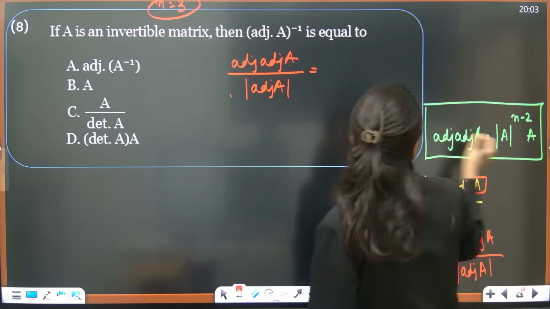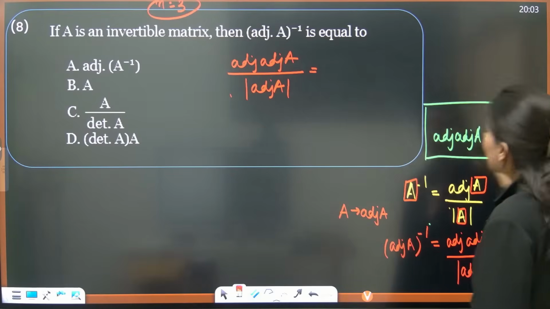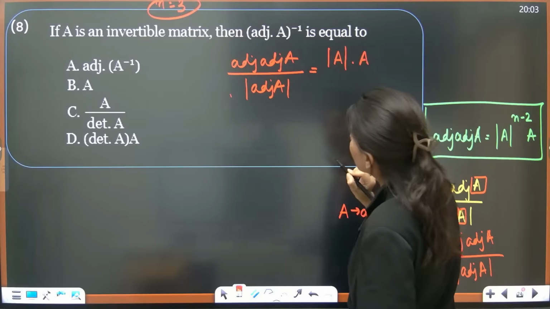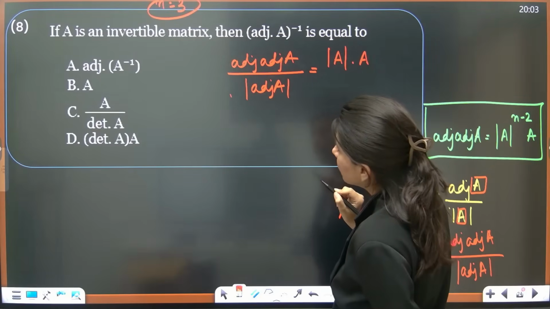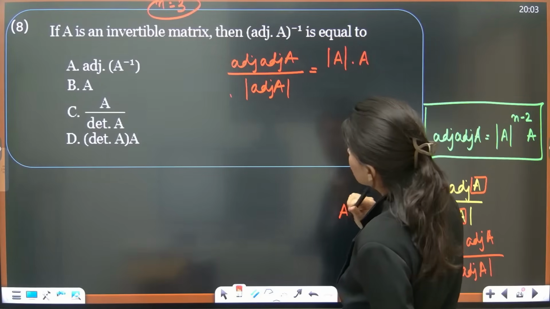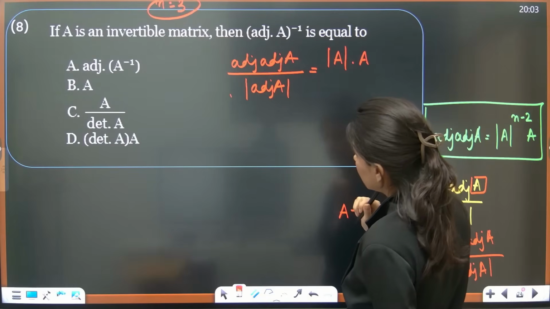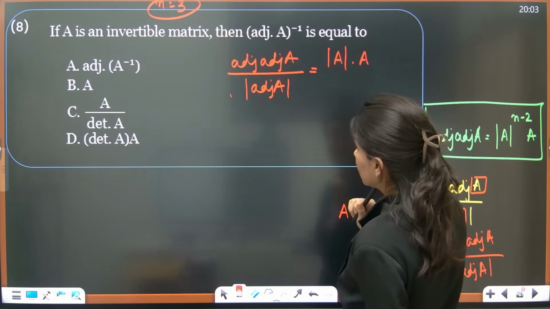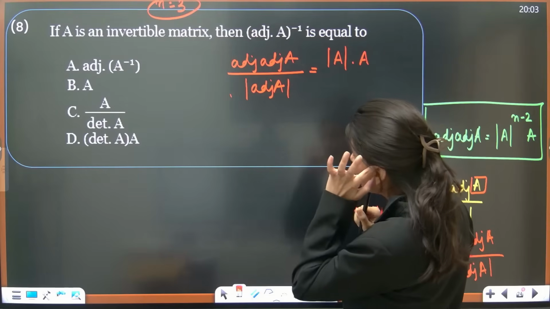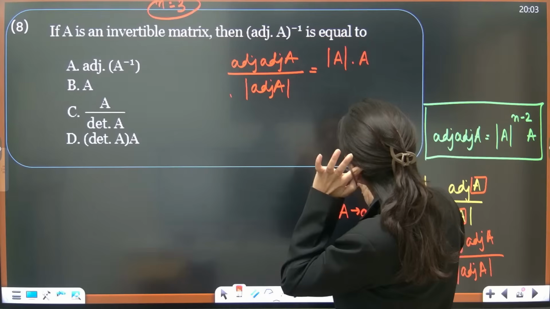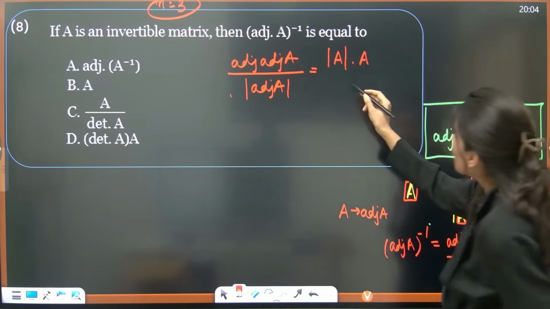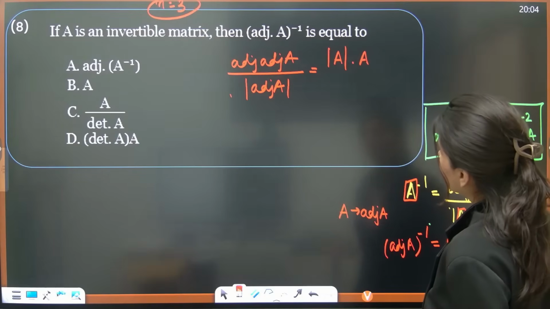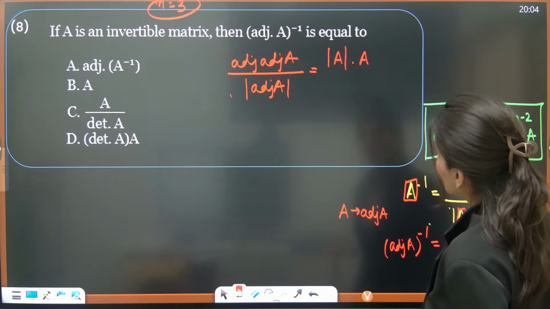So you are going to get determinant A into A. Correct? Oops. Adjoint A inverse, they are saying. Okay. Adjoint A inverse. A is an invertible matrix. And what about adjoint A? So upon determinant A. A upon determinant A.